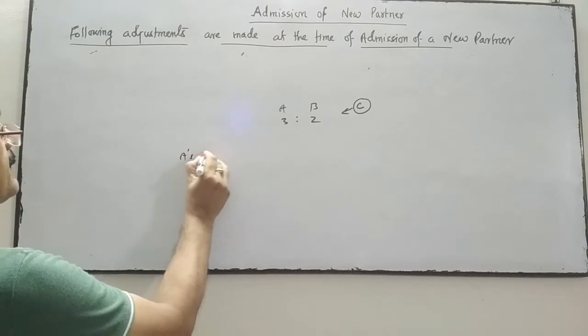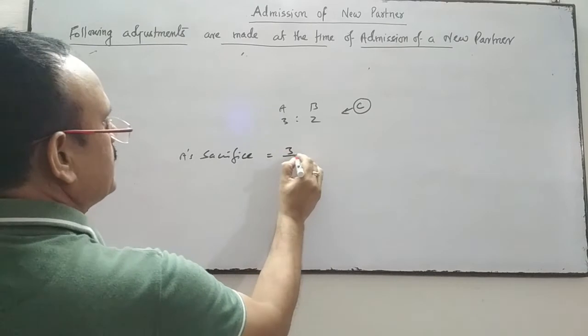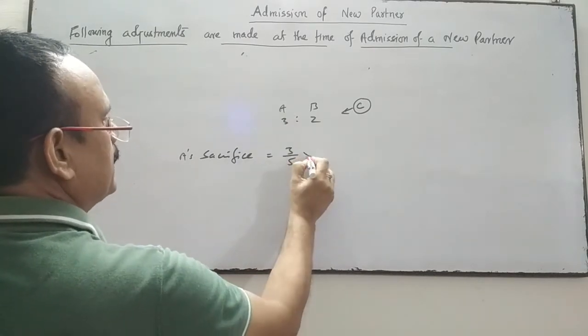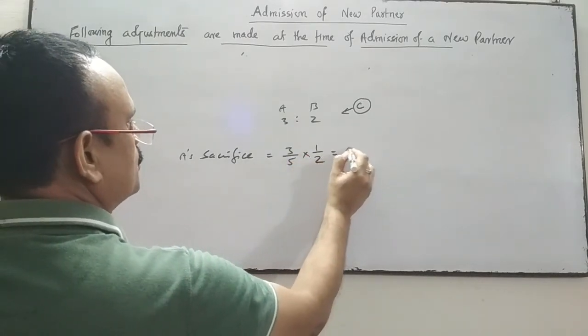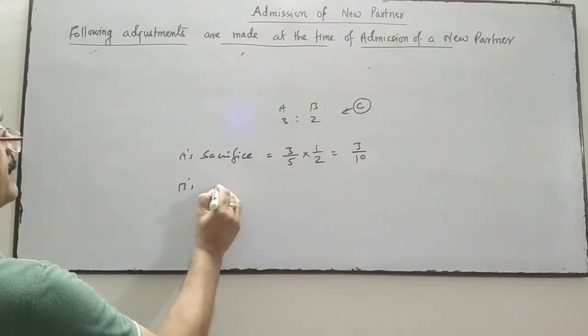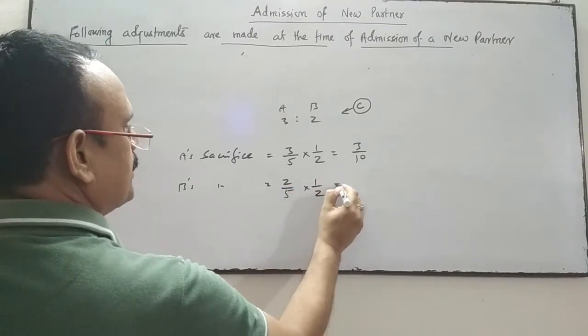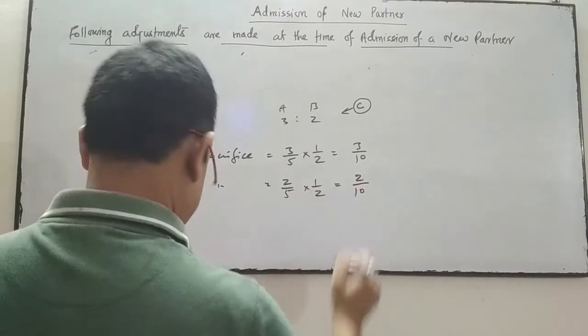A's sacrifice: A's share is 3/5. He has surrendered 1/2, meaning 3/10. B's share is 2/5. He has also sacrificed 1/2, so it is 2/10.